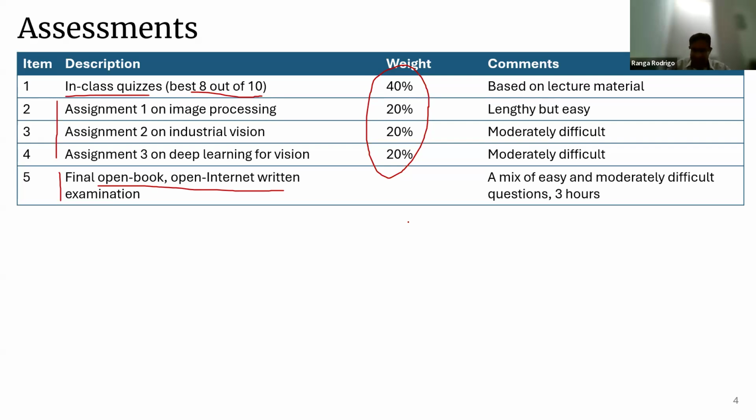On the other hand, if I put a rule saying closed internet, someone may use the internet and will have an undue advantage over the others. So therefore, it's open. ChatGPT will not be able to answer some of the questions, at least some. So I will know how to rank people with those questions.